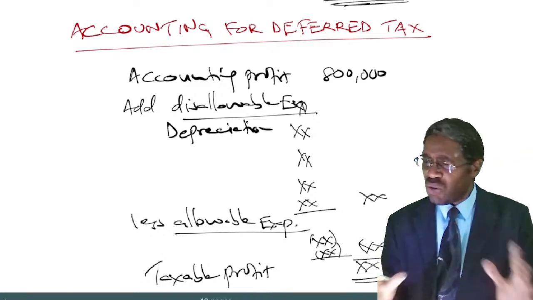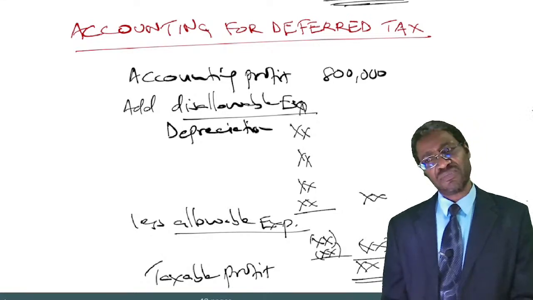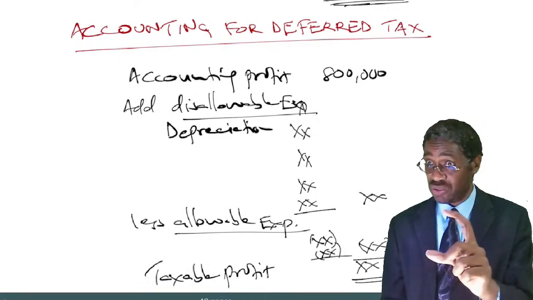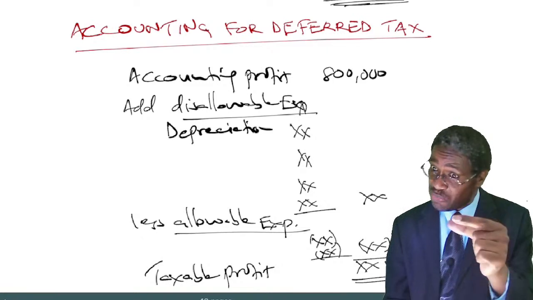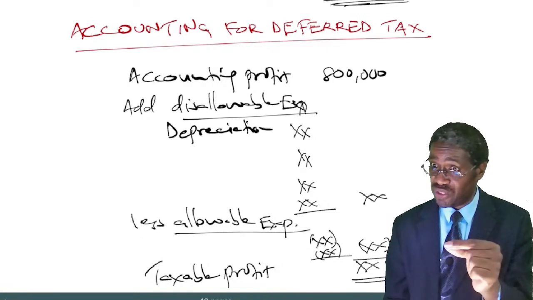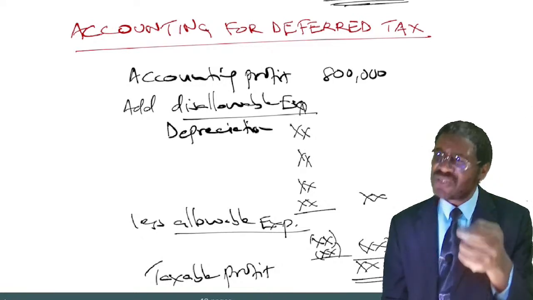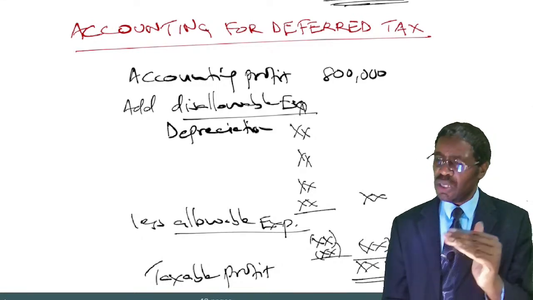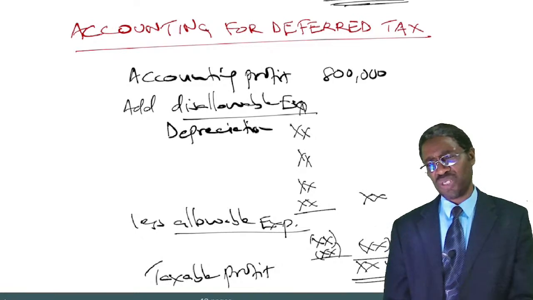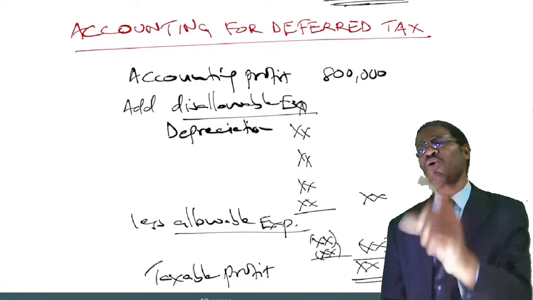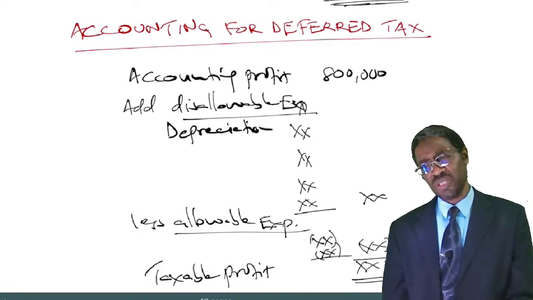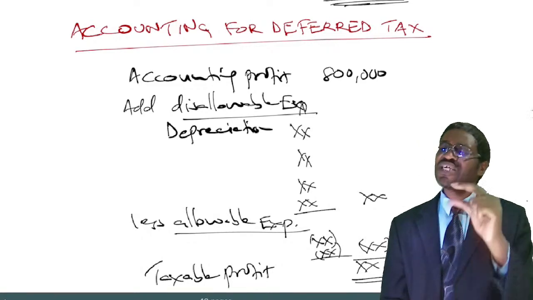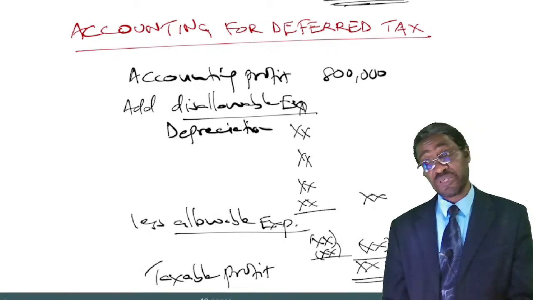So from the accounting point of view, you are right when you made that provision. But the income tax authority doesn't recognize that general provision until the loss becomes specific.